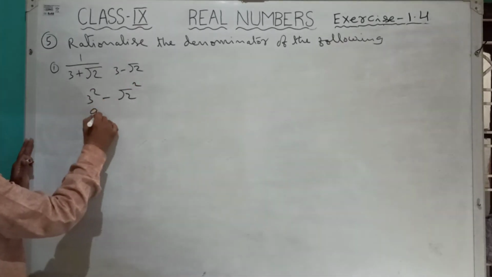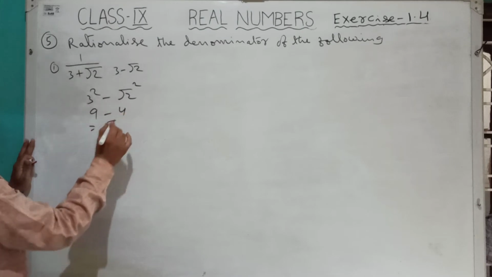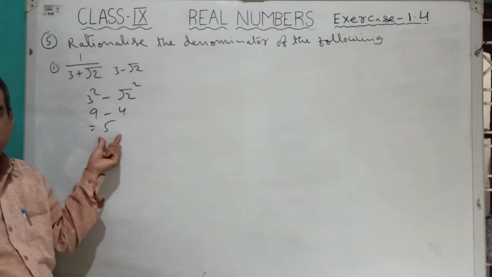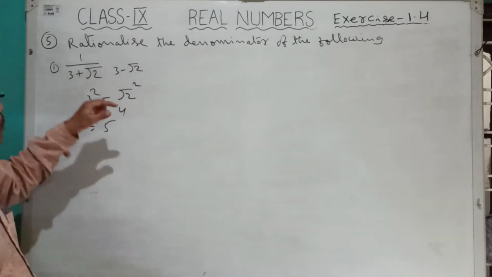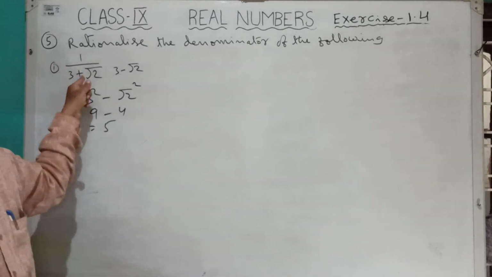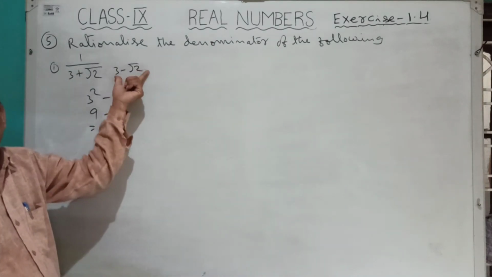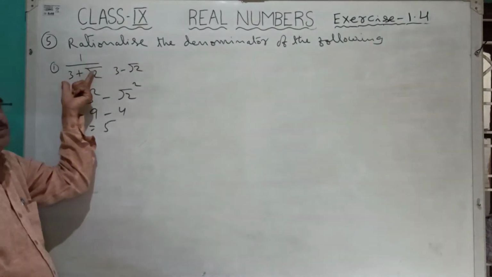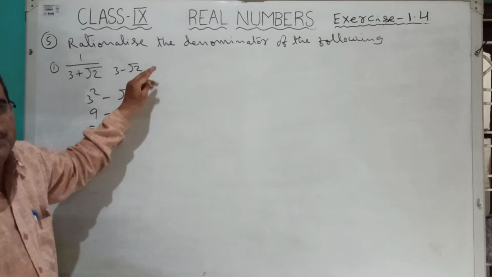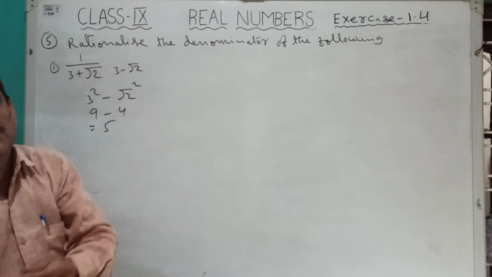So 3 square is 9, the square root cancels, 9 minus 4, 5 is the answer. This 5 is a rational number. So to convert this irrational number to a rational number, I have to multiply with 3 minus root 2. Here a plus b is there; if I multiply with a minus b, our answer is a rational number.